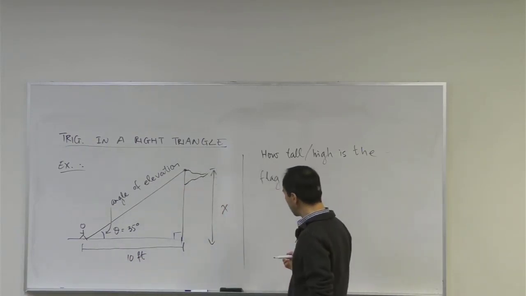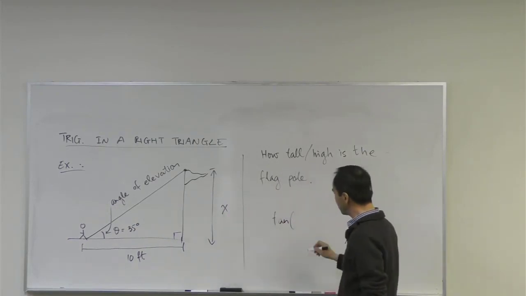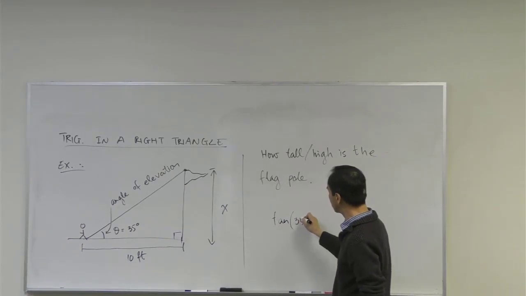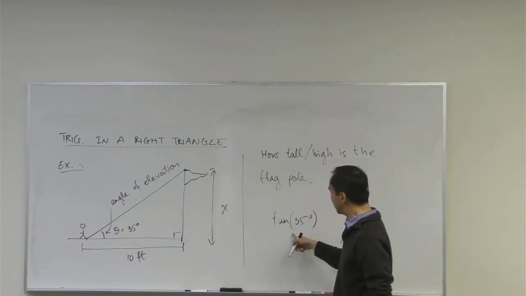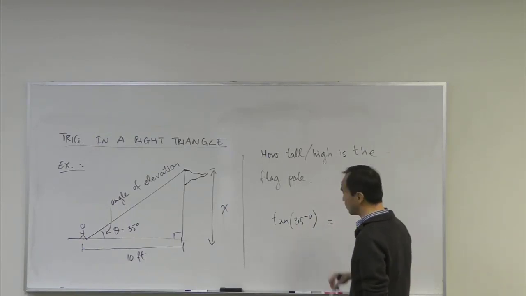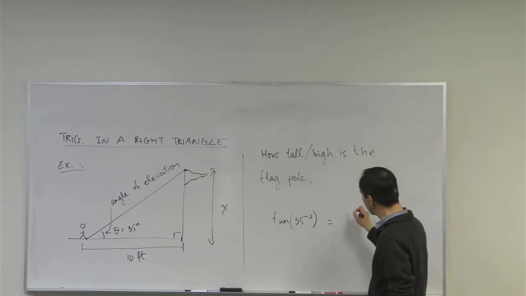So in this case, we want to find the value for x. So we have one direct route right here. Don't we know from our previous learning from the lecture that tangent of the angle, you see the angle is 35 degrees, right? So tangent of 35 degrees, you can easily calculate that through a calculator, right? The tangent of 35 degrees will equal, what's the rule here? Opposite over adjacent.